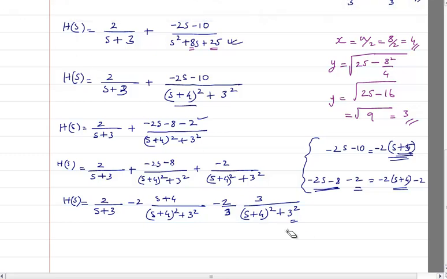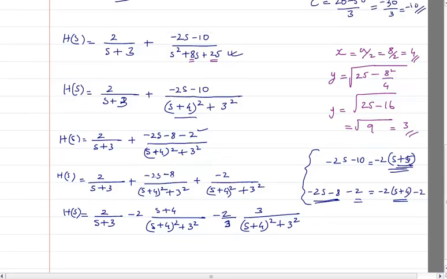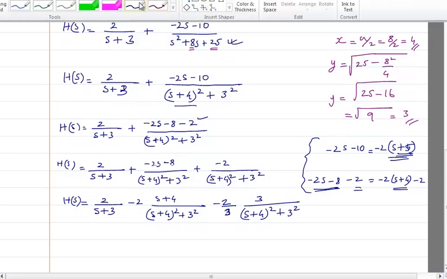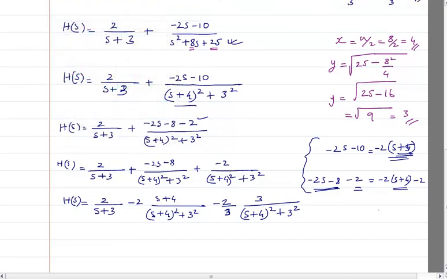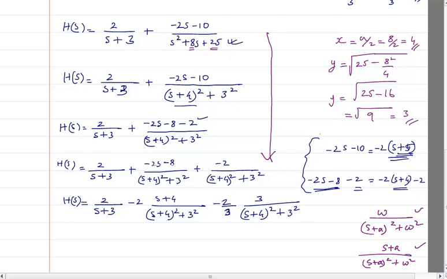This form is very important because this is basically of the form omega divided by s plus a square plus omega square, and this is of the form s plus a divided by s plus a square plus omega square. These are the two forms. That is why from here to here we did these steps. We changed it in this form in the first step, and that was very important. And the second, what to do with the numerator, we studied here.